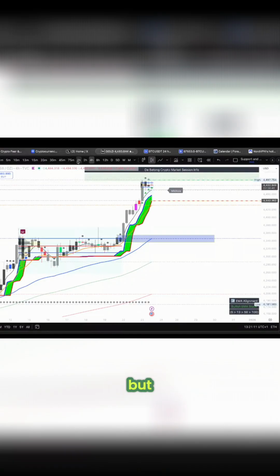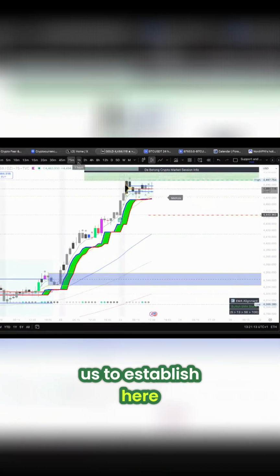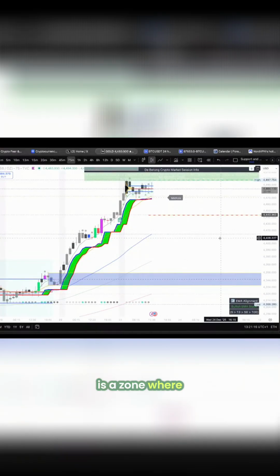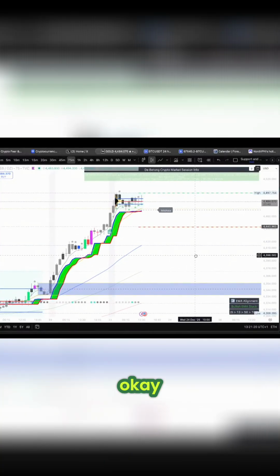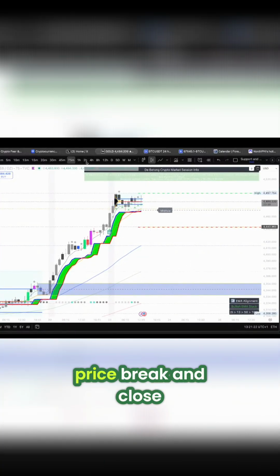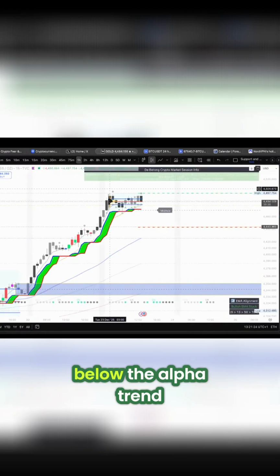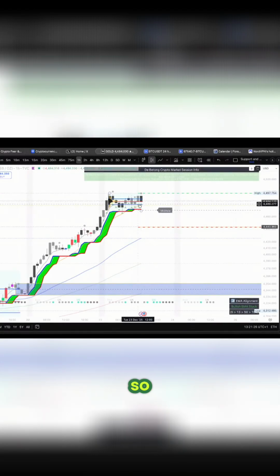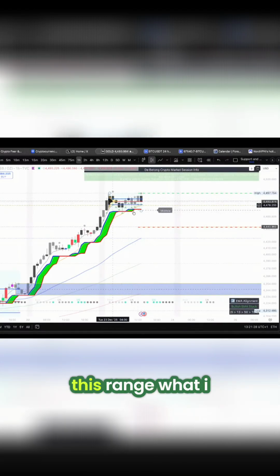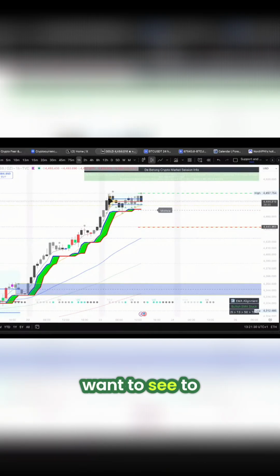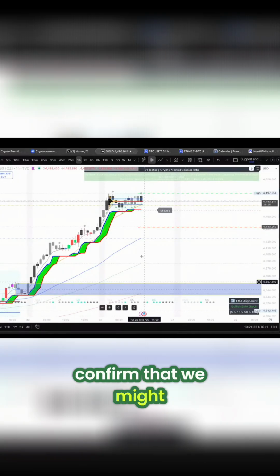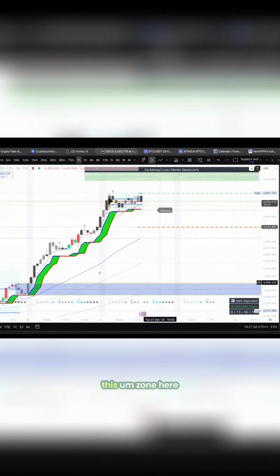But what I want us to establish here is a zone where we can trade. Whatever price is going to do here, we want to see price break and close below the alpha trend. Whatever price is doing around this range, what I want to see to confirm that we might visit this low, this zone here, is where we're going to be looking for that trade.